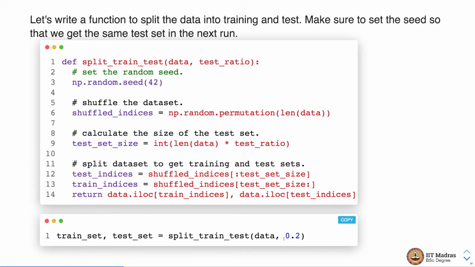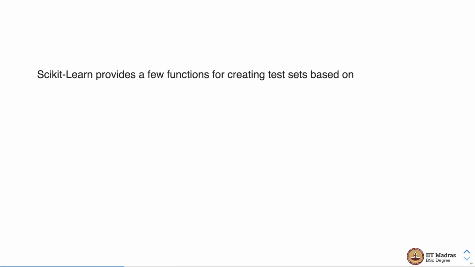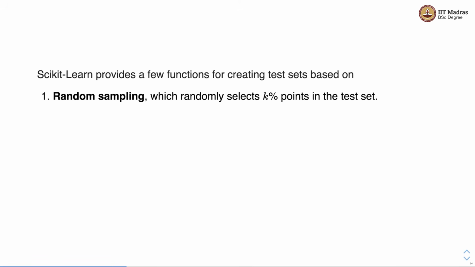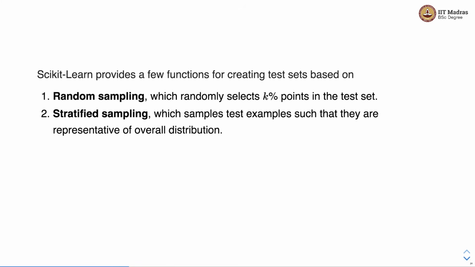That means 80% of examples will be used as training and 20% of examples will be set aside for testing. Scikit-learn provides a few functions for creating test sets based on random sampling, which randomly selects a percentage of points in the test set, or stratified sampling, which samples test examples such that they are representative of the overall distribution.